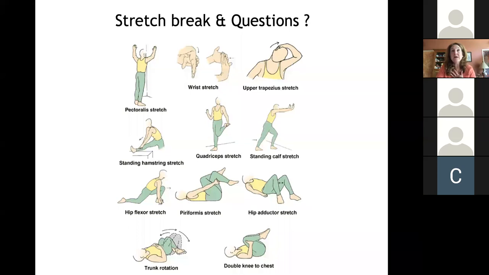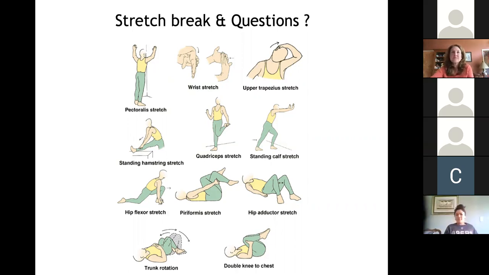And then Sierra can call on you and unmute you. It could be questions on double skin. It could be questions on anything I've talked about so far. No? Not seeing any hands. I'm not seeing any comments. All right. We will keep going then.